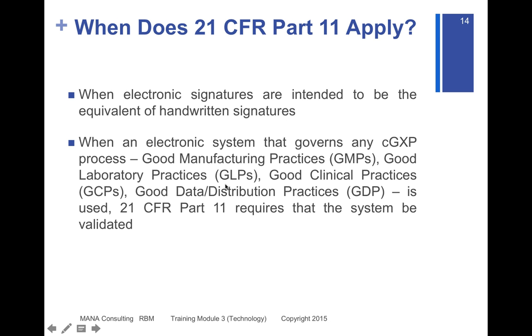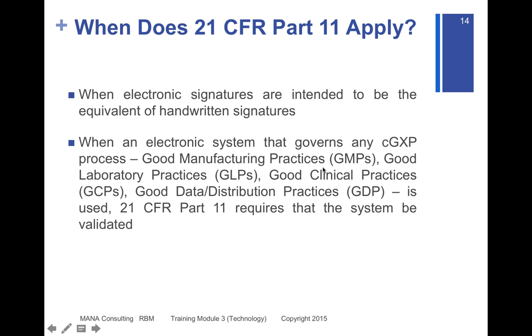And anytime that records are submitted to the FDA in electronic format, 21 CFR Part 11 applies. Whenever you're using an electronic signature that is the equivalent of a handwritten signature, then you need to maintain and use 21 CFR Part 11.